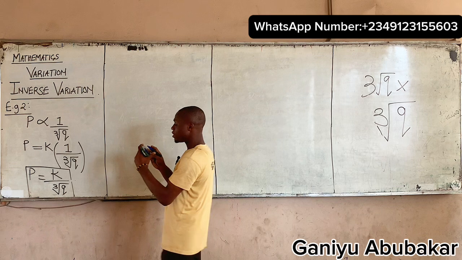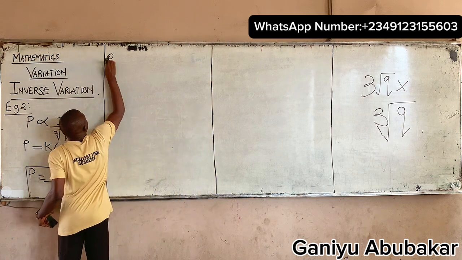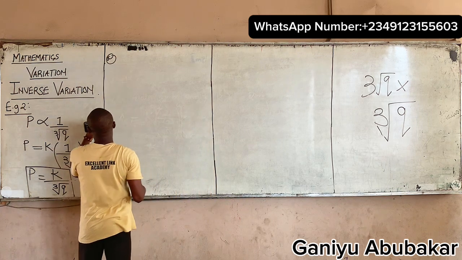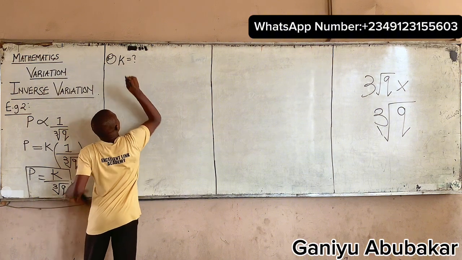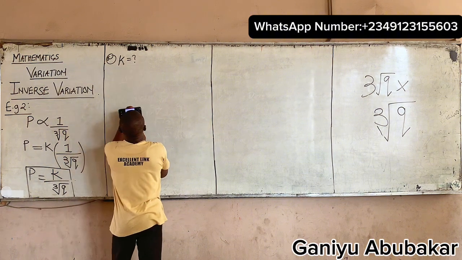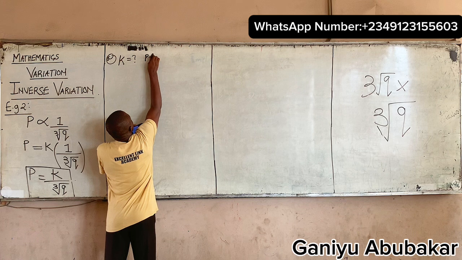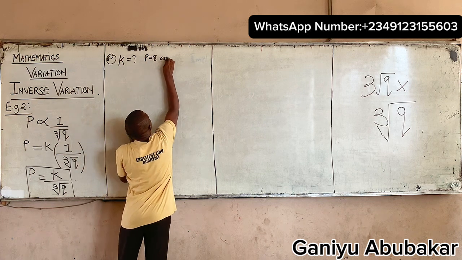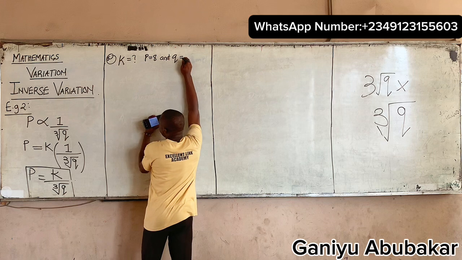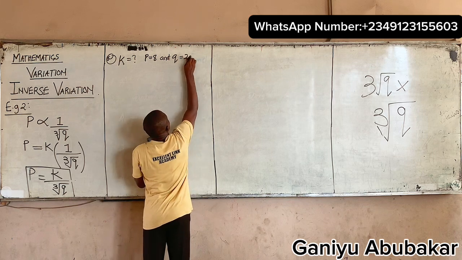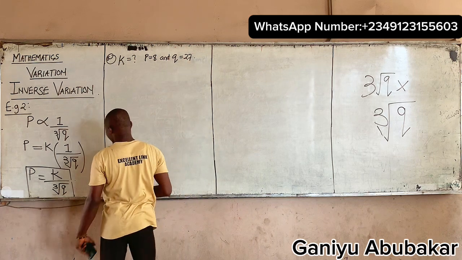Question A now says I want to find the constant quantity. So find K when P is 8 and Q is 27. It's easy. Go back to this.